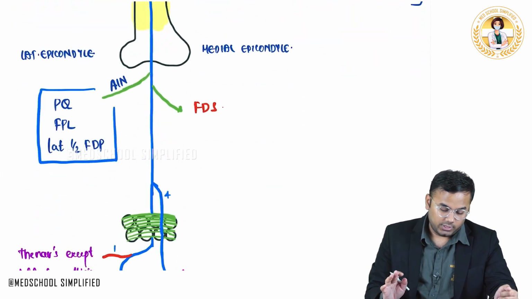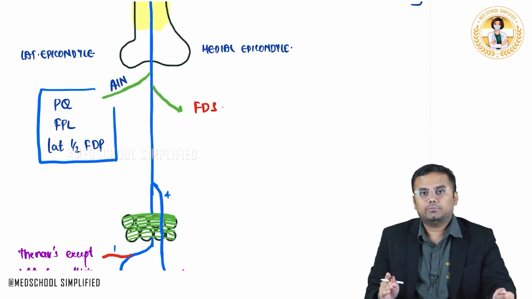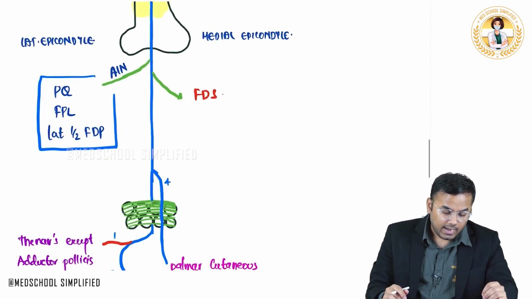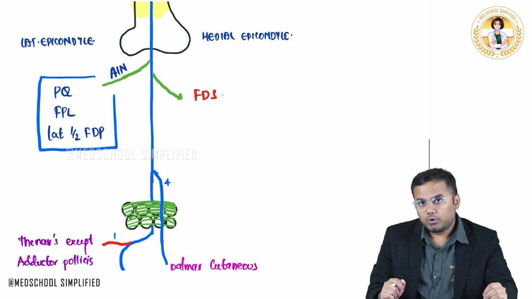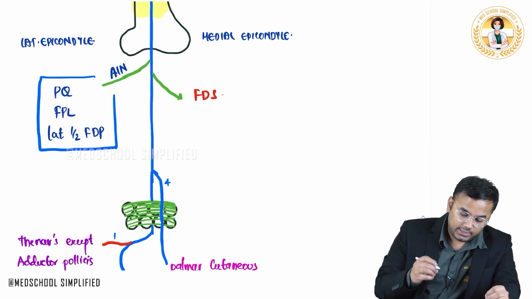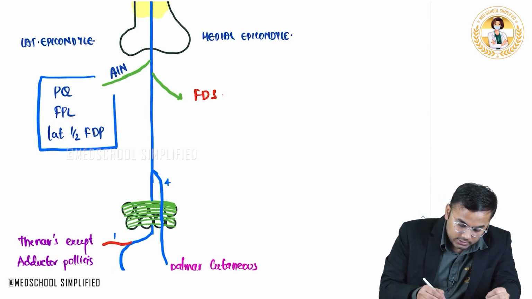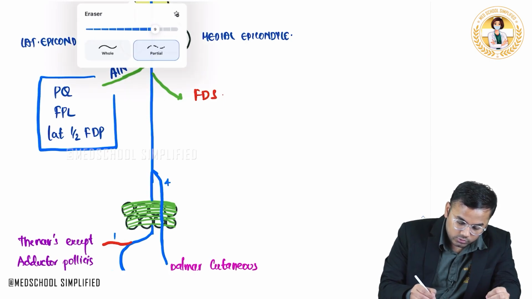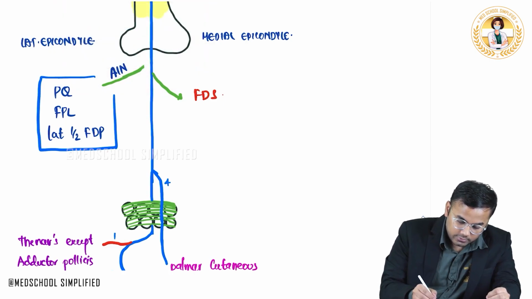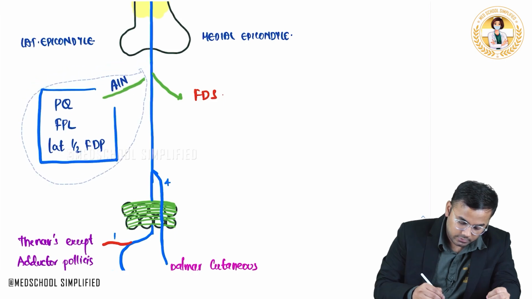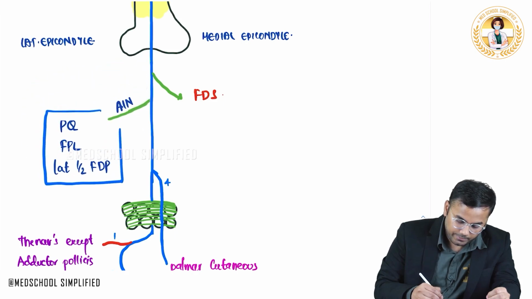Okay, now here comes the clinical points. And one more important thing I forgot to tell you, that there is a muscle. Let us push all these things down, let me put it here.